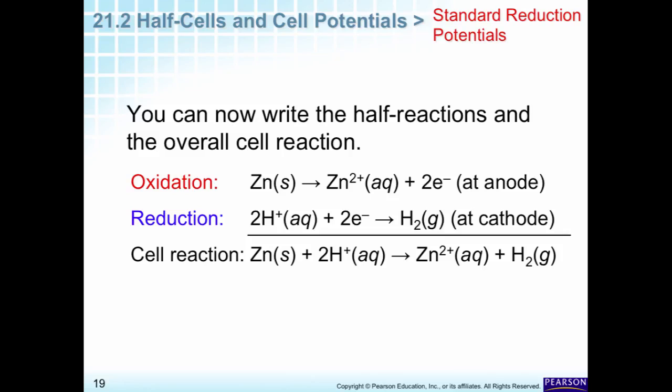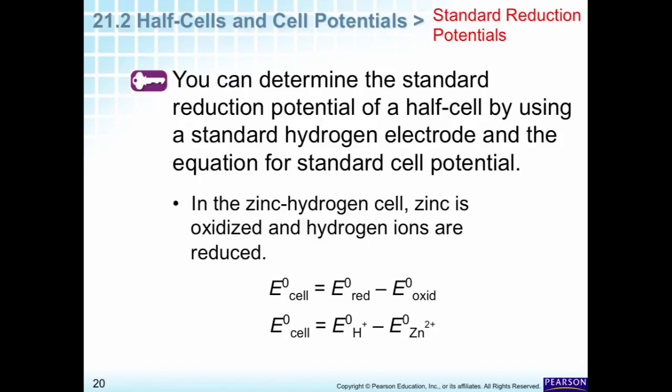Here we see the two half equations and the cell reaction equation. We've done a lot of these already. Now we're ready to determine the standard reduction potential by using our equation. The equation we're going to use is right here. The cell potential is going to be from the voltmeter. We said that the zinc was being oxidized and the hydrogen was being reduced.